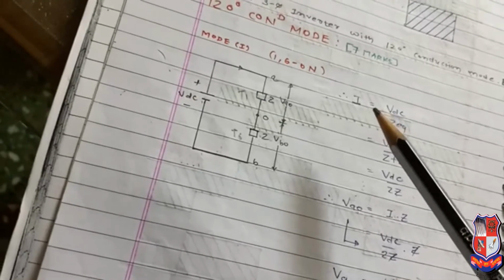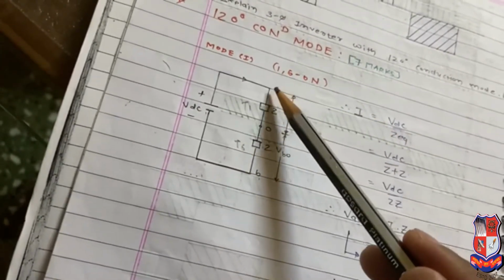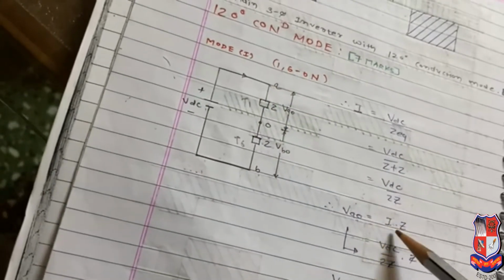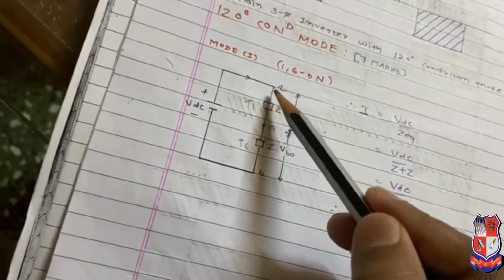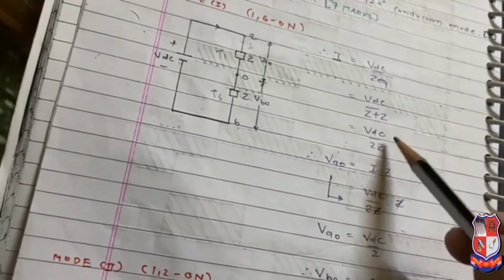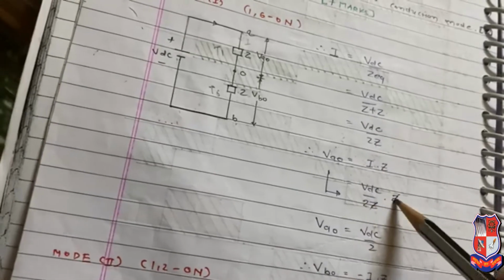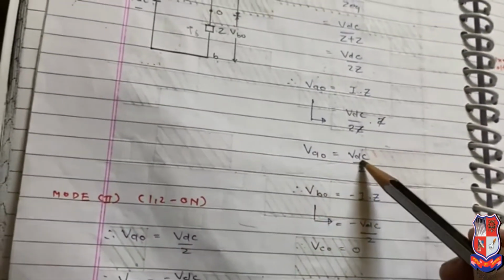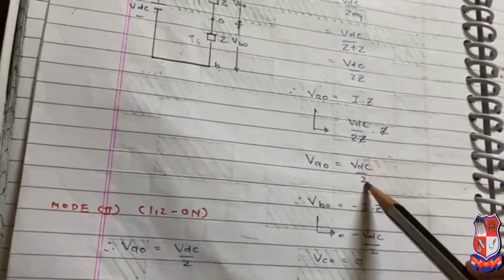Now we can find the phase voltage VA0. VA0 is equal to the current flowing, I, into Z. So put the value of I from here, VDC by 2Z into Z. Z and Z cancel out, so VA0 will become VDC by 2.